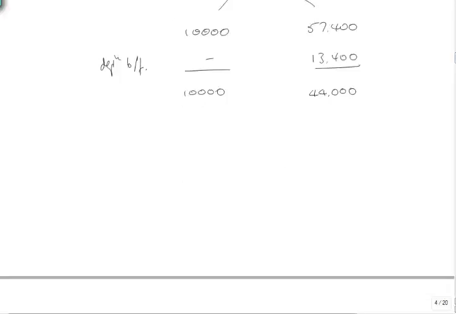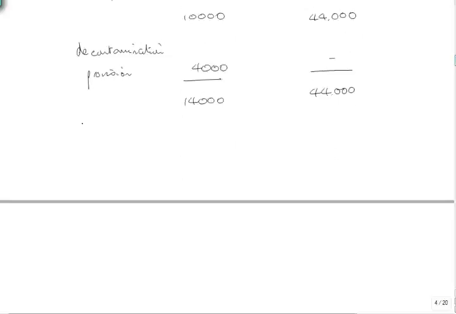But we need to add on the decontamination provision, which should have been, when this asset was acquired, 4,000. It should have been capitalized at a figure of 14,000. And now we can calculate the depreciation for the year. Depreciation then for 2010 is 1,400, that's 10%, and 12.5% of that is 5,500.